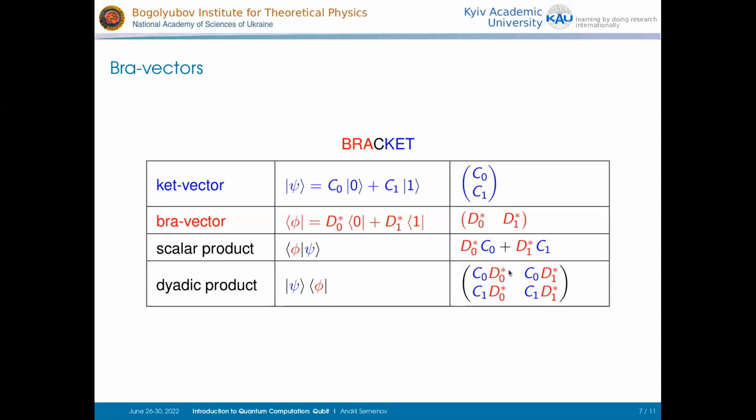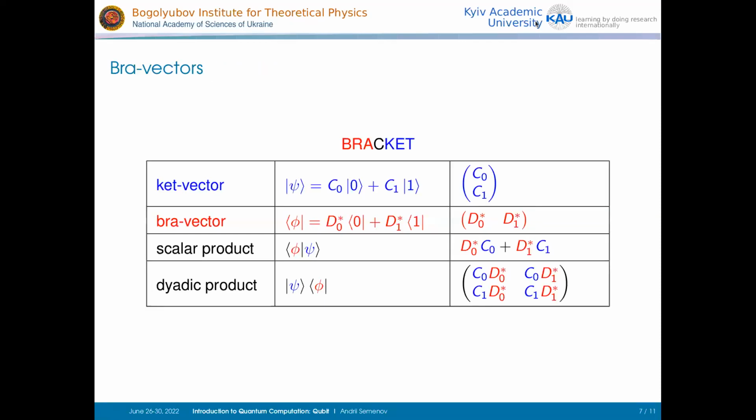You see its elements: C0 D0 star, C0 D1 star, and the row C1 D0 star, C1 D1 star. You can act with this on another vector and get a vector again. So this is an operator, a two-dimensional matrix. This is an important part of the story.